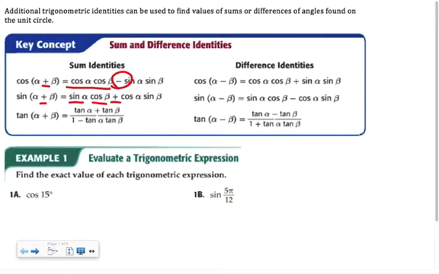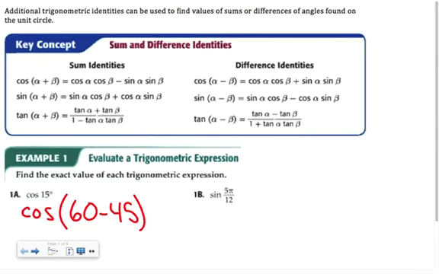So in example 1, I'm trying to find the cosine of 15. What you might realize is that 15 is the difference of, let's say, 60 and 45. So I can use this difference identity.